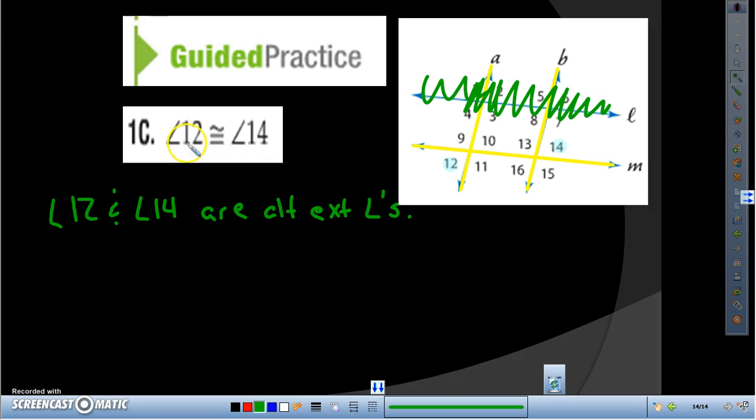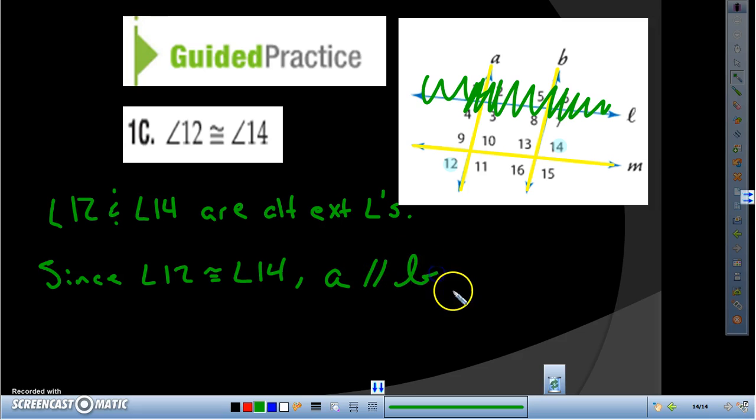I also know, because of my given information, that angle 12 and angle 14 are congruent. So since they are congruent, what can I say? I can say that line A is parallel to line B.